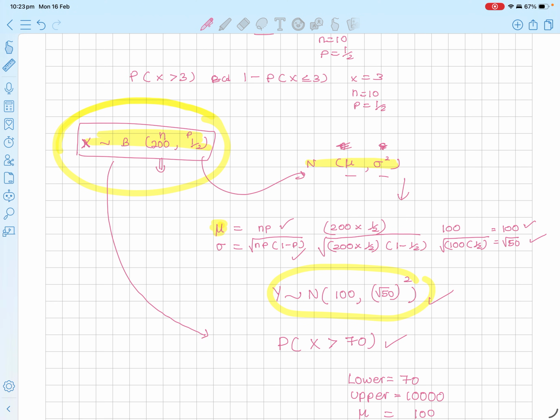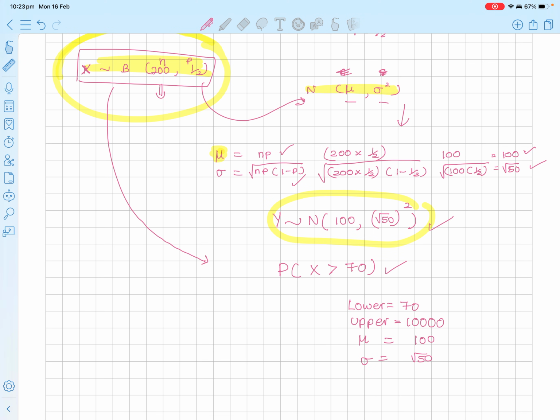So from discrete to continuous, that disalignment should be corrected. Disalignment is like because we were expecting everything to be specific, and as soon as I've changed it to a normal distribution, I'm expecting this to be like a range of answers. So correcting that disalignment is called continuous correction or continuity correction.